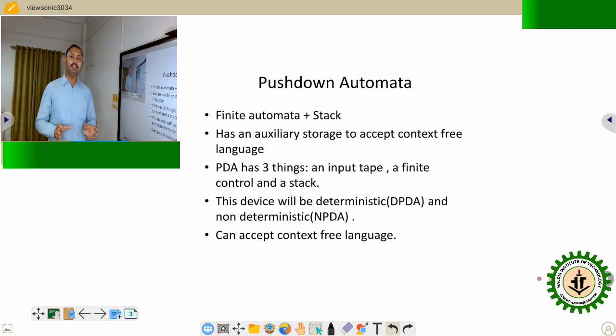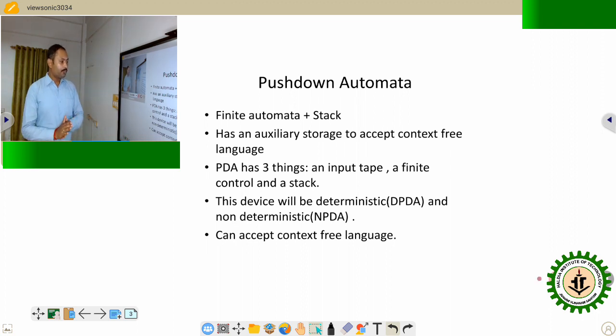Here the number of states is finite in nature. And obviously there is a stack associated with pushdown automata, and it will store all the scanned input symbols.